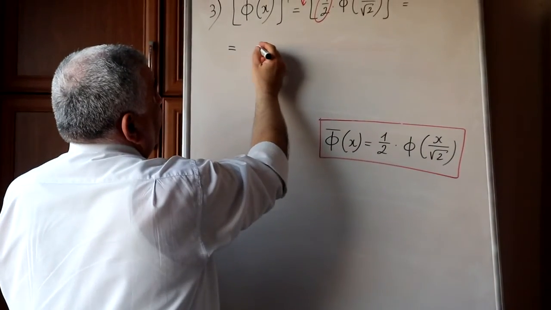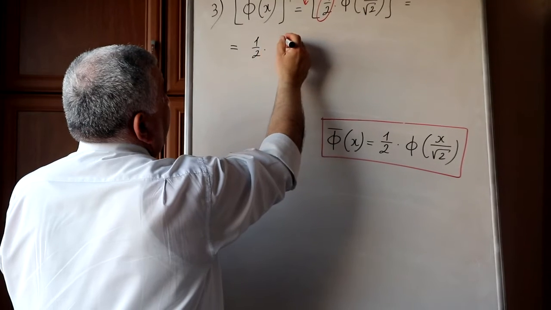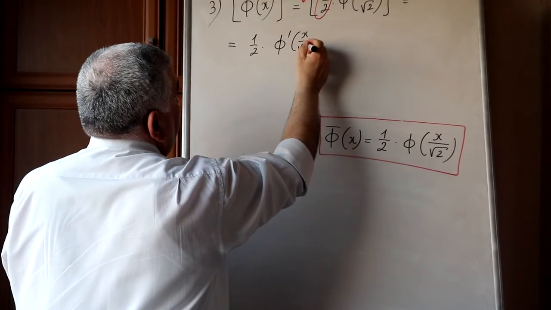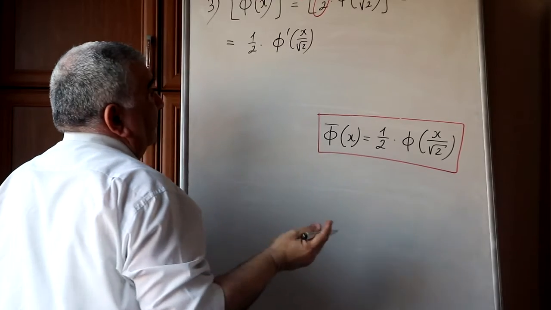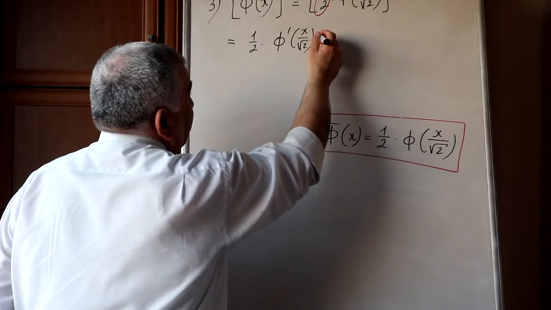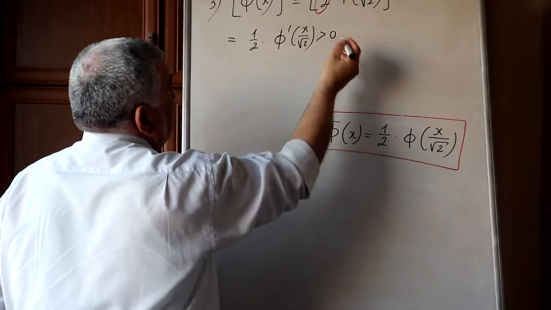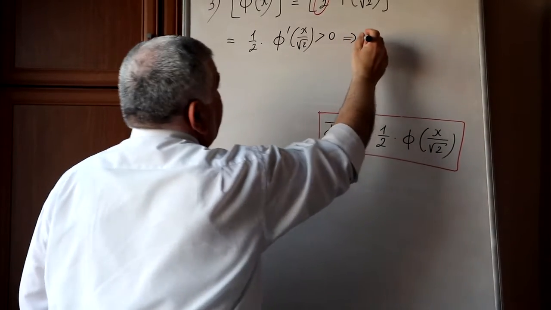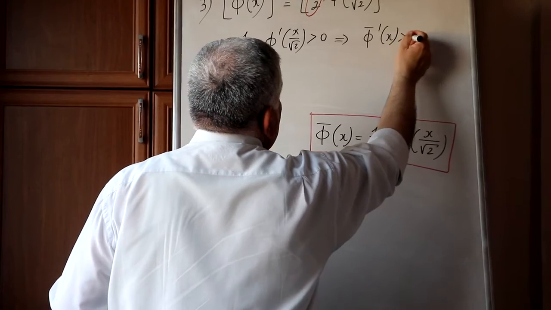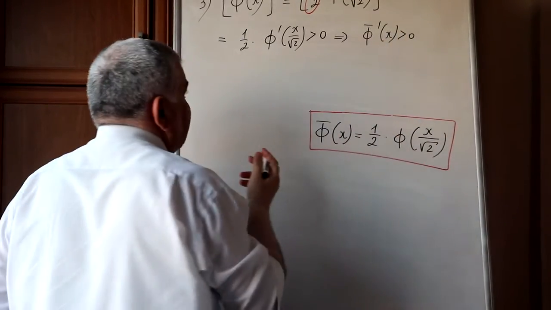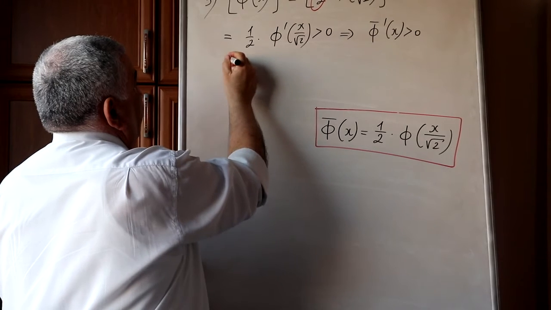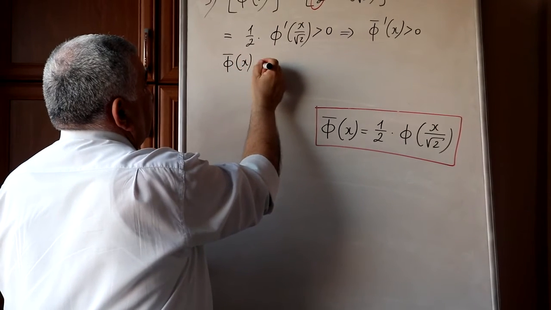We have 1 second multiplied by phi prime of x over square root of 2. And already you know that the derivative of the error integral is positive. It means phi bar prime of x is positive. It means our function is increasing. Phi bar of x is an increasing function.